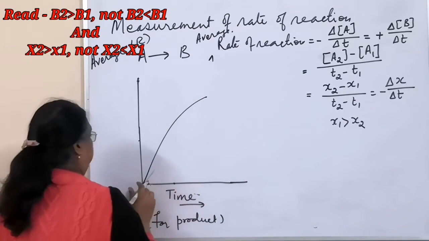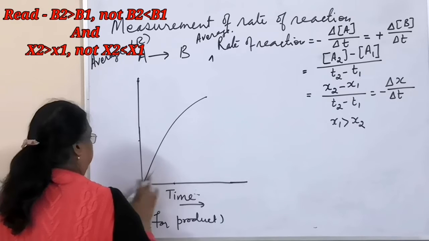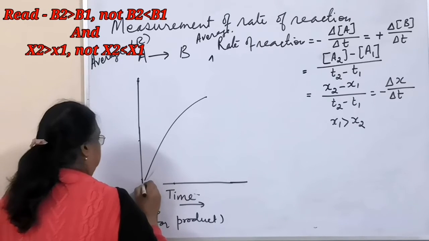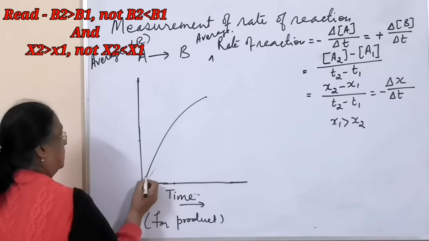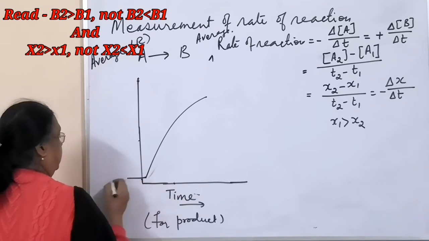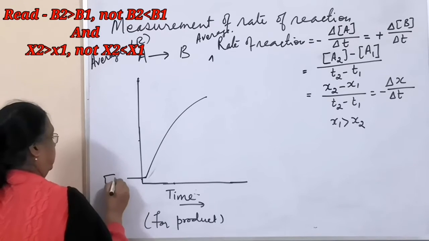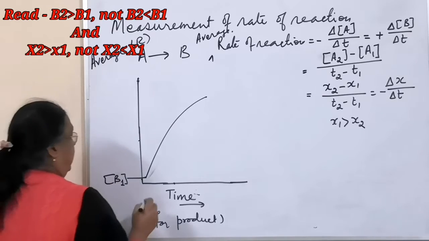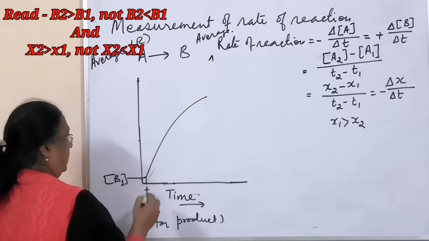So if you take this point as initial, you have measured not from 0 but from some point. So from here, this is your concentration of B initial, so B1, and the time with respect to this will be T1.